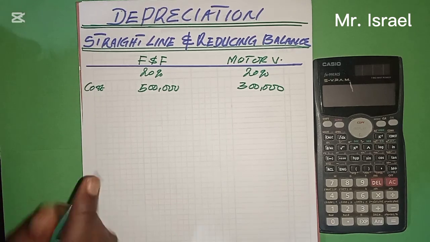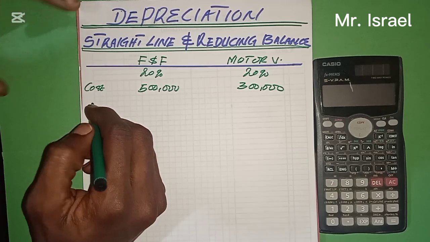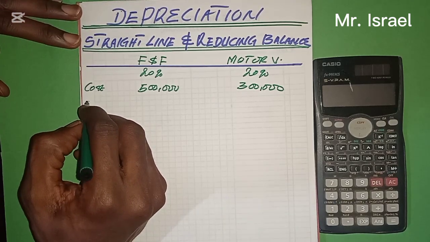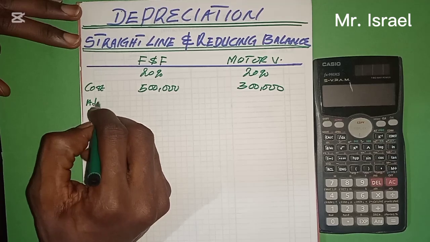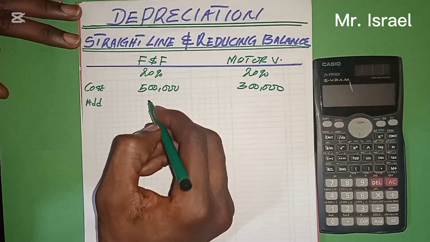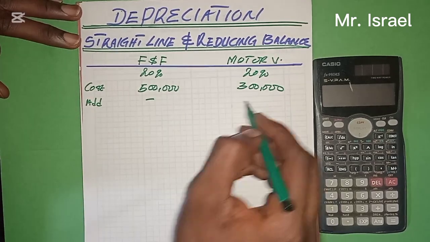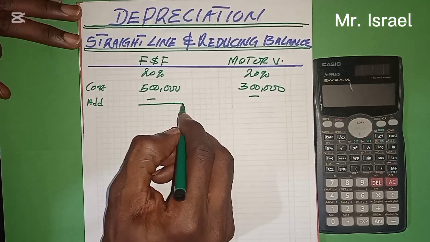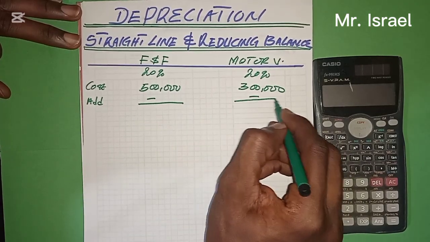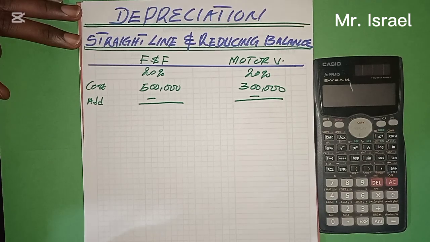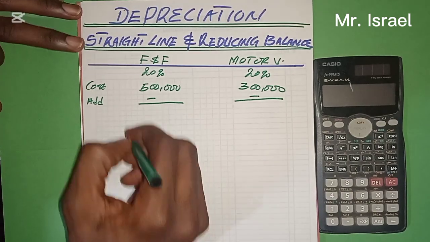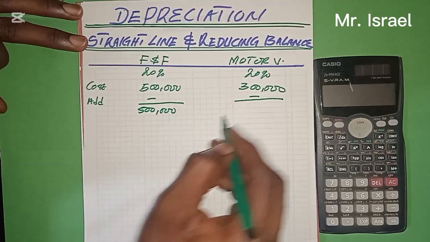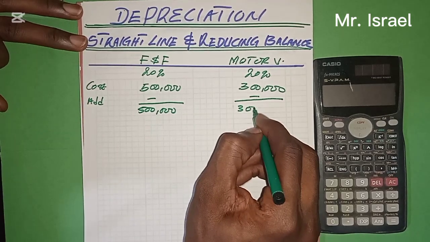So what we do first is let's put addition, in case there is no addition. I just want to do it the normal way you do your PPE schedule. Then you bring down your 500,000, your 300,000.